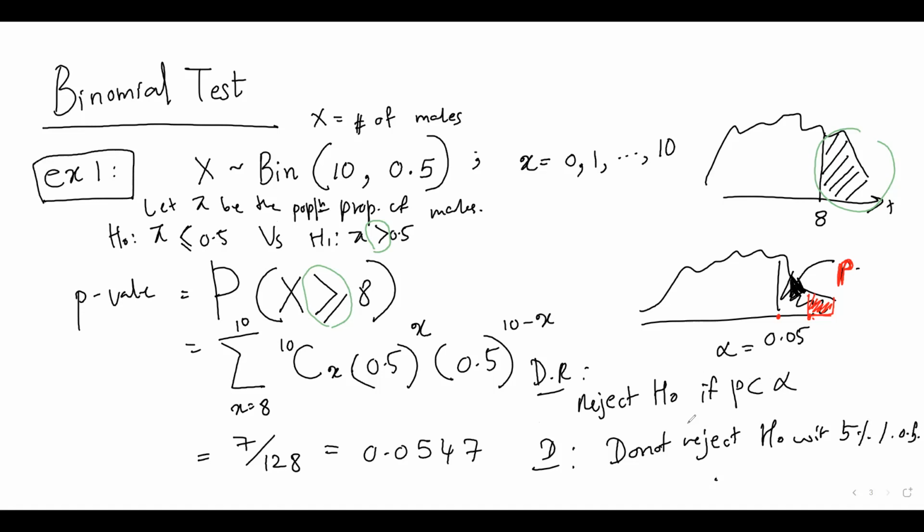That means the proportion of the male population is not greater than 0.5. Although the sample says the proportion, this simple p stands for sample proportion, right? Sample proportion is 8/10. We have 10 members and 8 males. So sample proportion is 0.8. Although this sample value is greater than 0.5, this is for the sample, right?